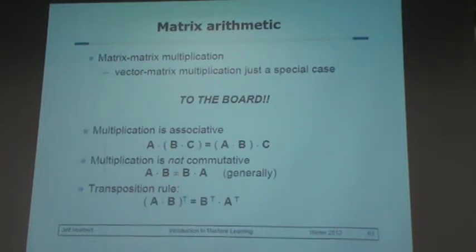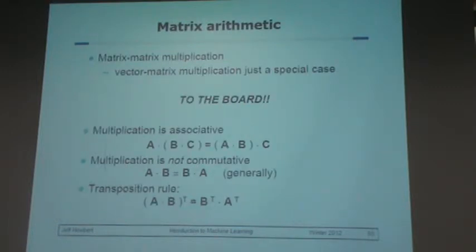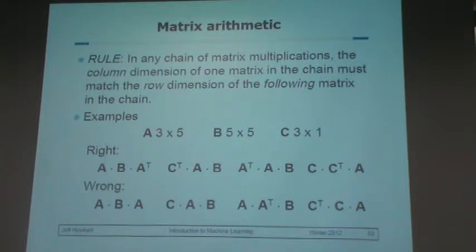And this is the arithmetic. Obviously, matrix multiplication is not commutative. And this should be the same: (AB) transpose and B transpose A transpose.